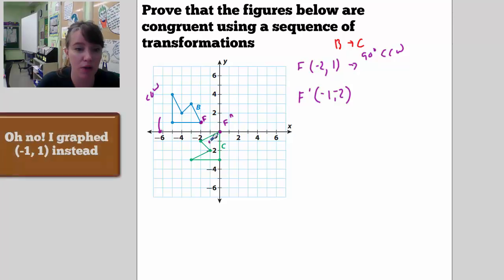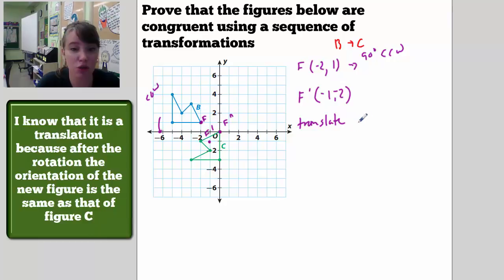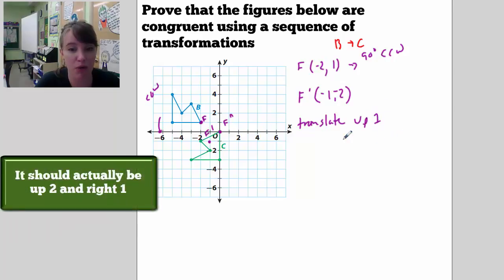This would be F prime. Okay, well that's not where F double prime lands. So here, what I'd have to do after this is I'd have to translate this to the origin, so that would be up 1, and I'm just making a notation and I'll write it more formally in a second. It's up 1 and right 1.